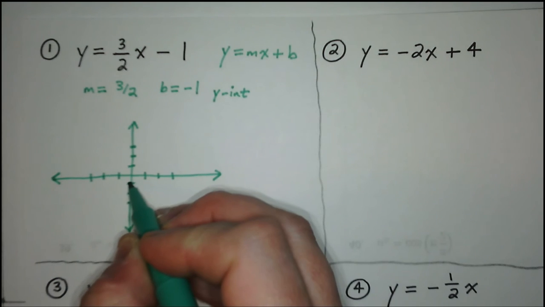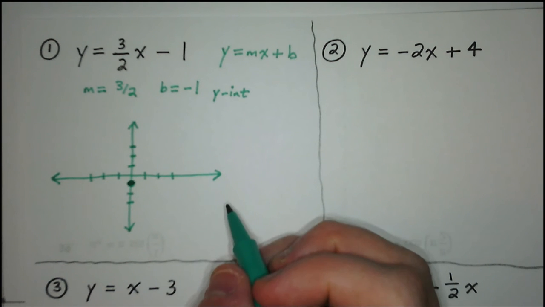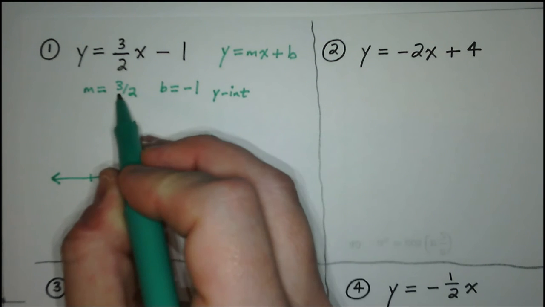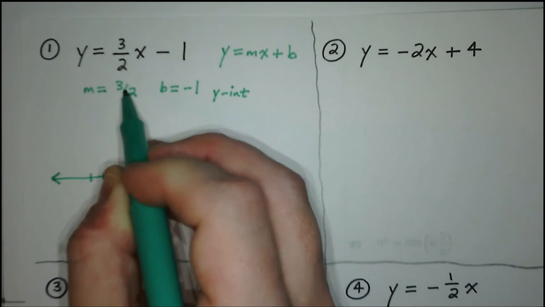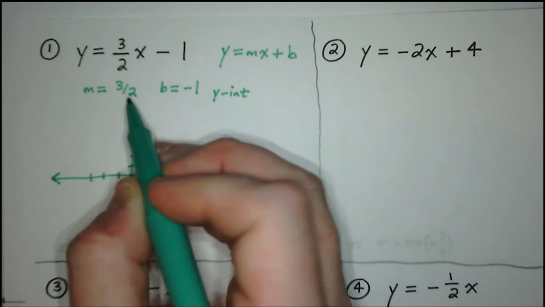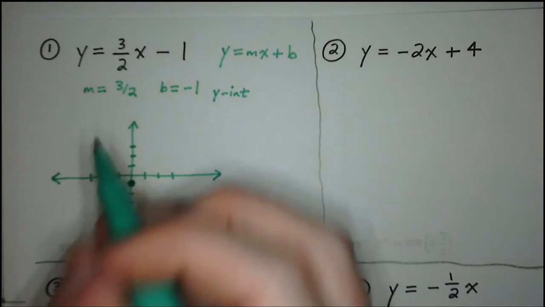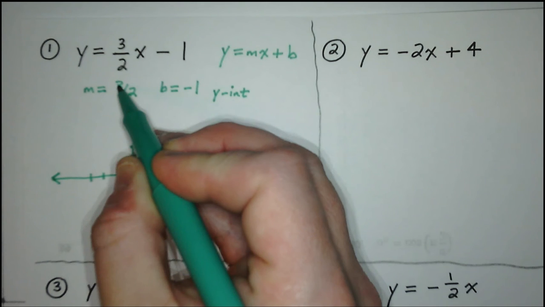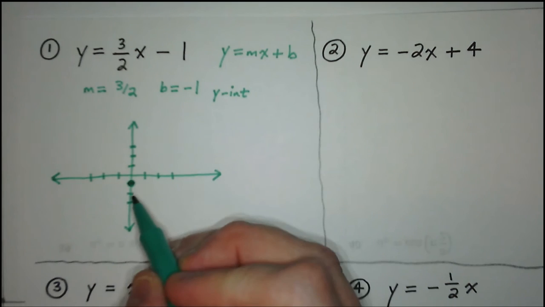We go to -1 on the y-axis and we put a dot. Then we move with our m. The slope of our line is 3/2. Remember, slope is rise over run. So we're going to rise +3 and run +2 from that dot.